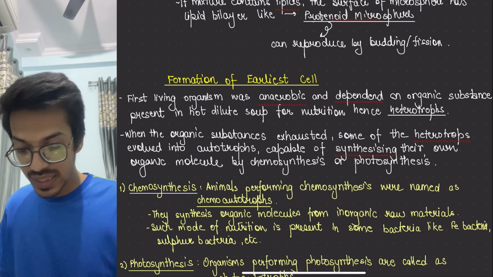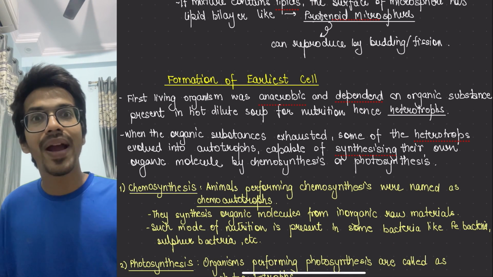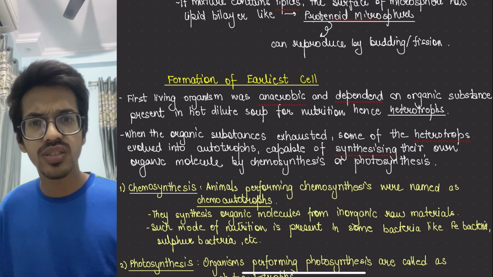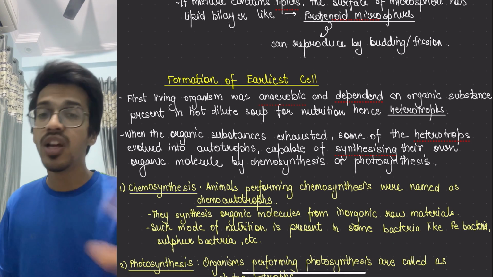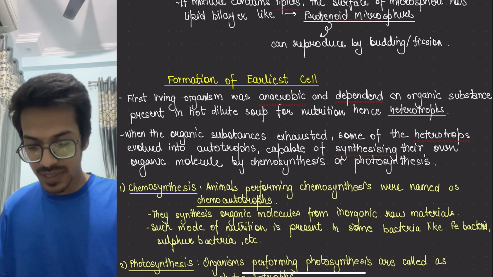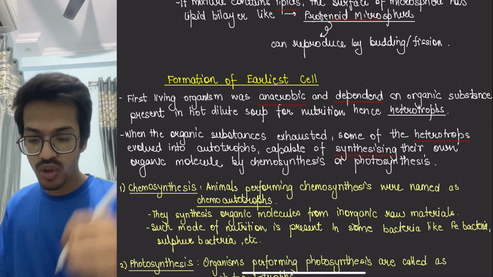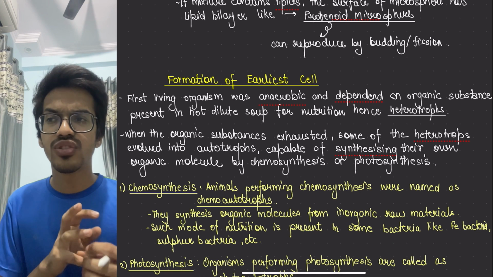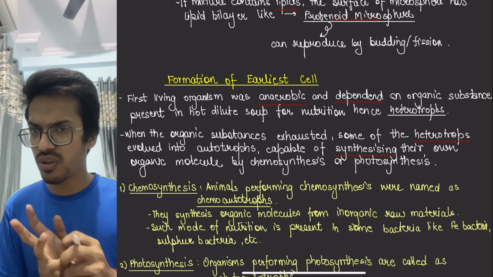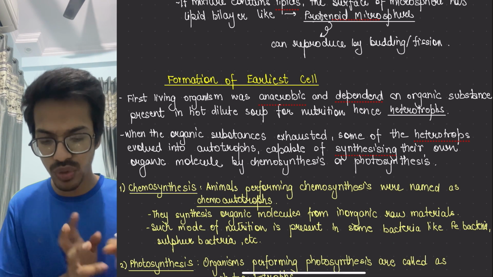Now if someone asks, okay, these are there, and now how does the first cell come? It is believed that the first cell might be living in anaerobic conditions, because till now we never said that oxygen came into the environment. No free oxygen is present, so it lives by anaerobic respiration. And you know that anaerobic respiration gives a smaller amount of energy, so we know that.